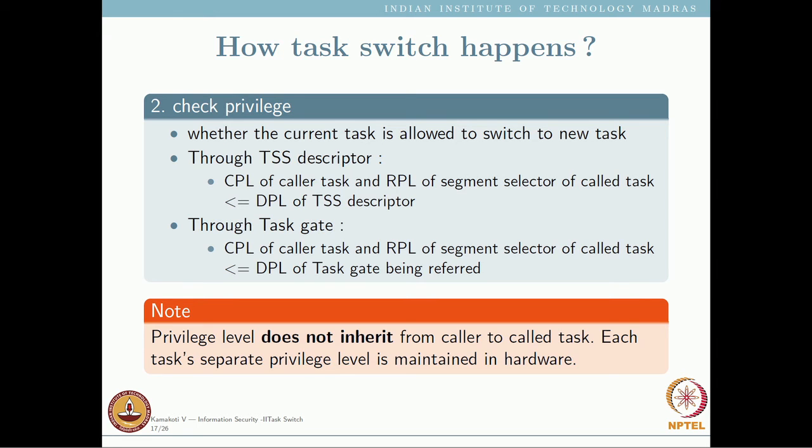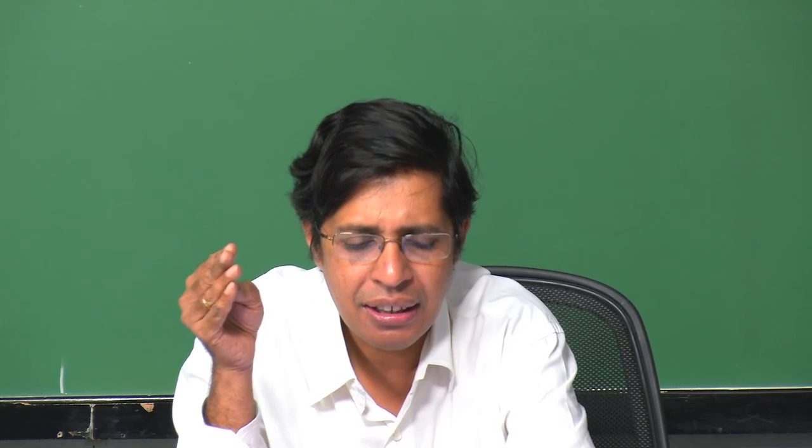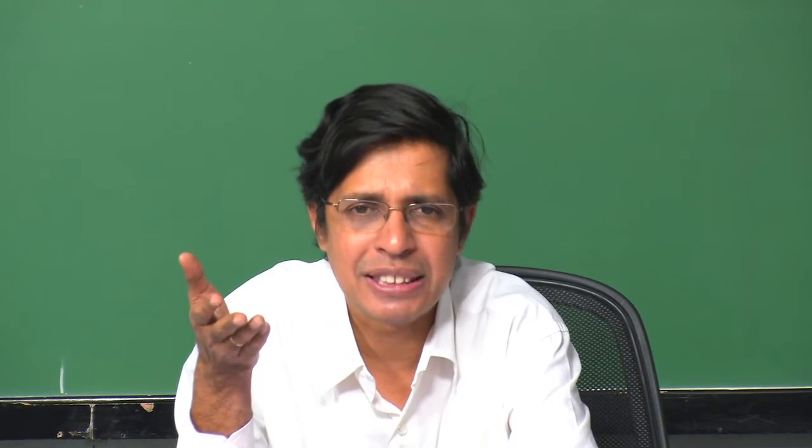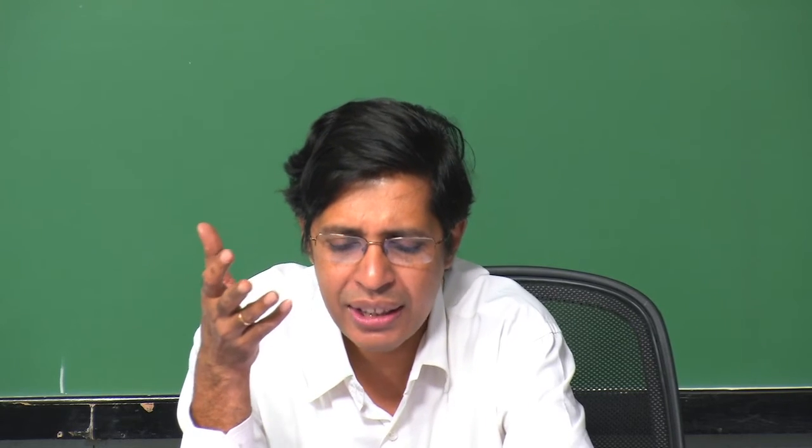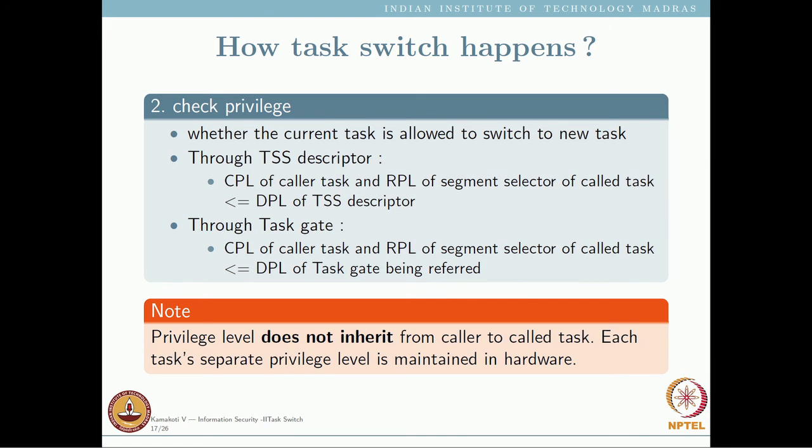If it is a TSS descriptor, see if the current privilege level of the caller task, that is the one that has executed jump 0x79, and the RPL of the segment selector, the 0x79 will have a requested privilege level, the max of that, is it less than or equal to the DPL of the TSS descriptor. If it is, okay, now we can go ahead and do the change.